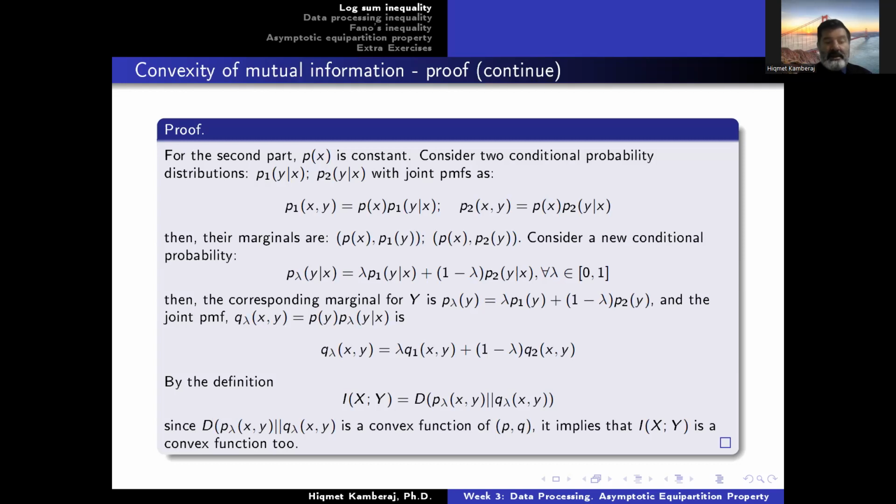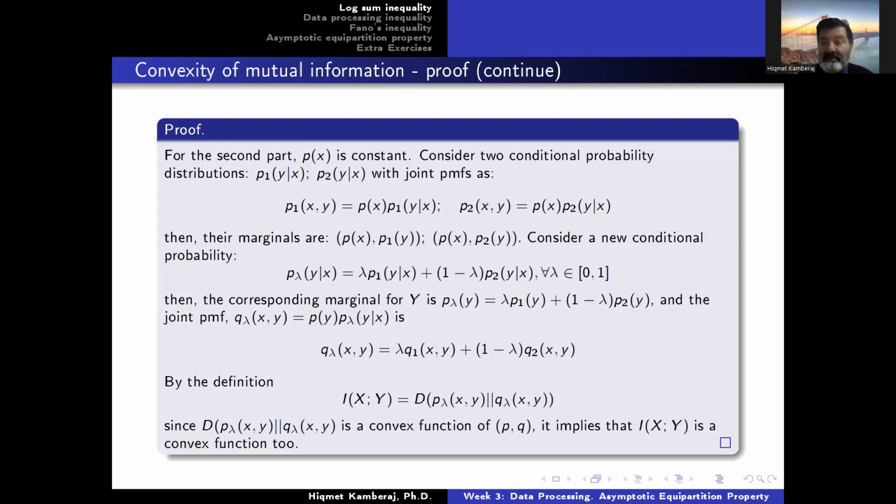Then the corresponding marginal of y is P lambda of y equal to lambda P1 of y plus 1 minus lambda P2 of y. And the joint probability mass function, say Q lambda of x and y, which is P of x times P lambda of y given x, is given as lambda Q1 of x and y plus 1 minus lambda Q2 of x and y.